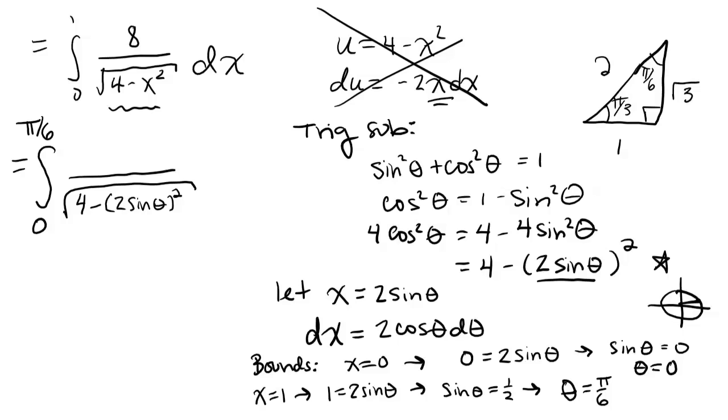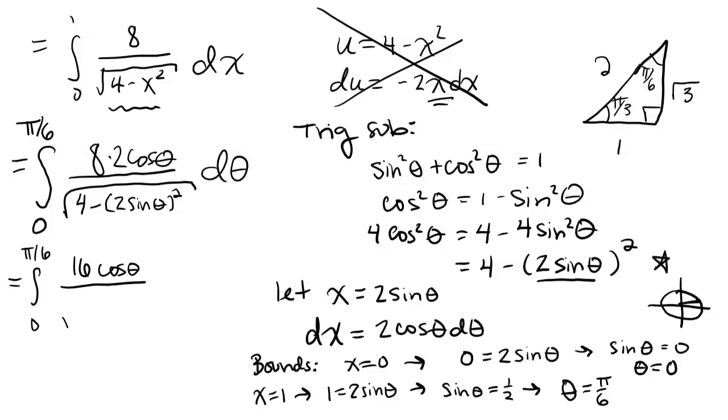And then we've got 8 times 2 cosine theta d theta, because remember, for the dx we have to sub in an actual expression. So over here we really have the integral from 0 to pi over 6 of 16 cosine theta all over the square root of, remember, 4 minus 4 sine squared theta, which is 4 cosine squared theta.